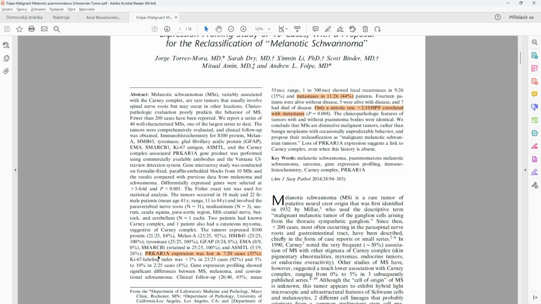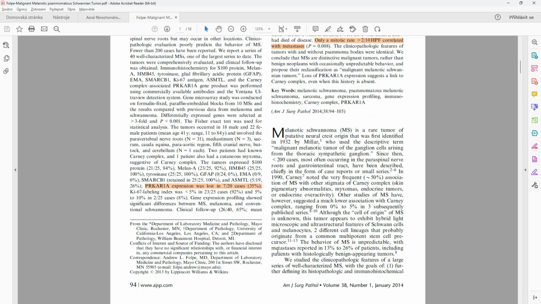In many cases have PRKAR1A loss of expression. I think the percentage here is somewhat lower. I think even the authors today think that they included some cellular blue nevi in the series, so it's kind of skewed to a lower percentage.